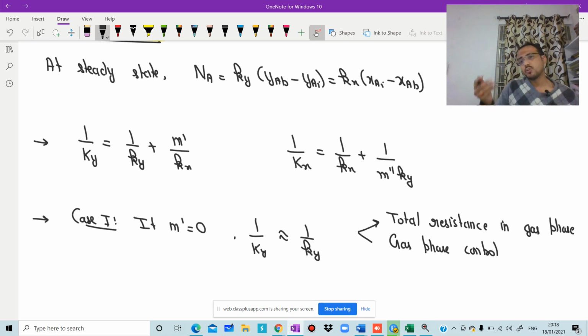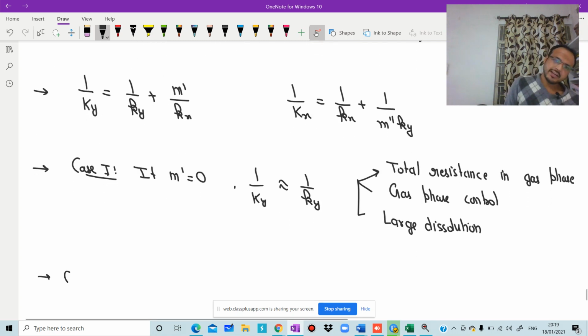And in this case, because the total resistance is in the gas phase and in the liquid there is no resistance, there will be more solubility. They already asked this question in GATE 2012 for 1 mark. Large dissolution.